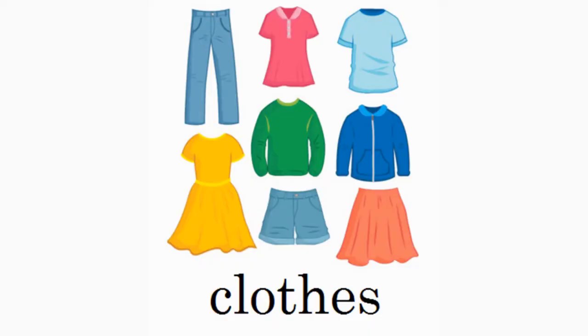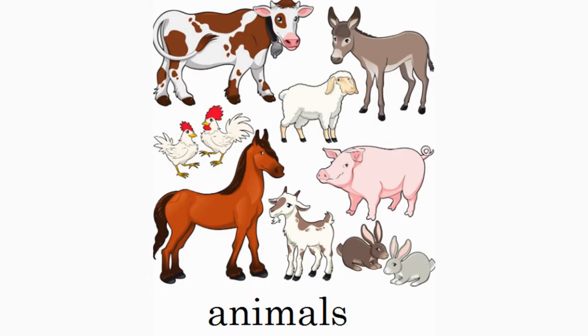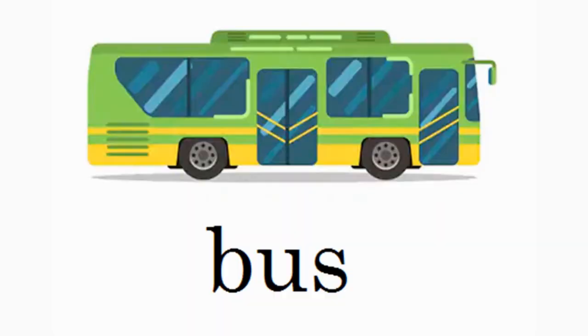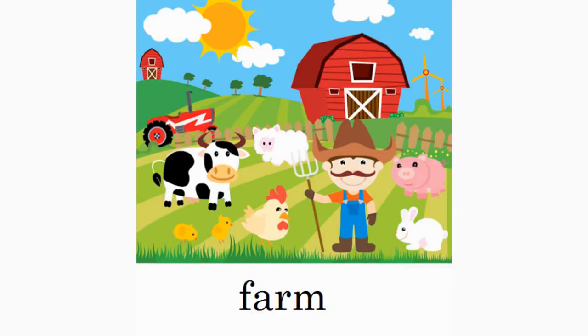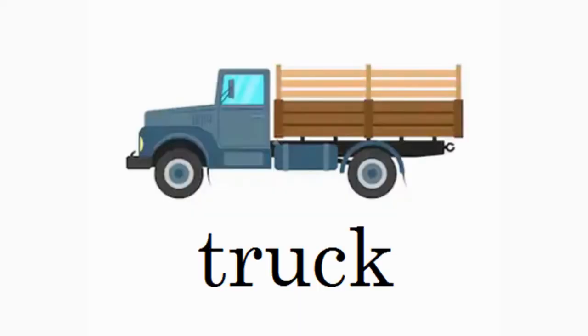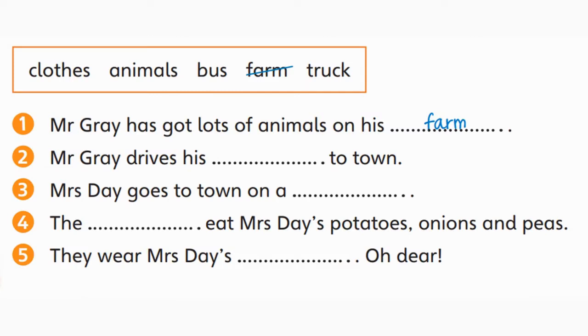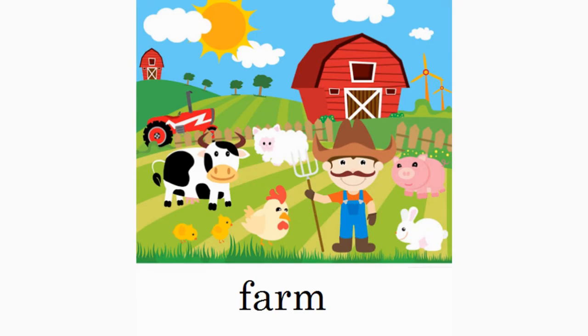Well done, everyone. Now let's look at some sentences and fill in the gaps using these words: clothes, animals, bus, farm, and truck. Mr. Gray has got lots of animals on his farm.